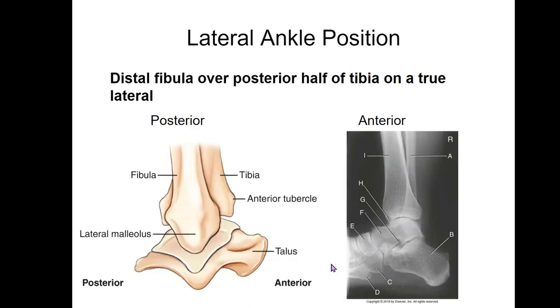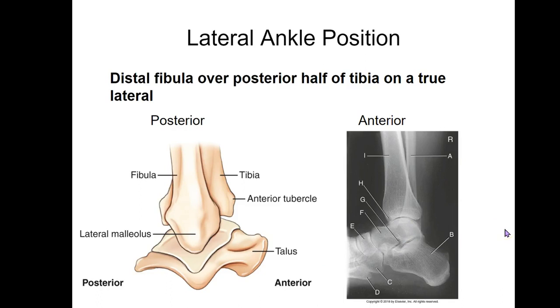Next, let's look at the ankle from the lateral position a little bit closer. Here you can see the ankle in a true lateral. And again, it demonstrates that the distal fibula is about 1 centimeter posterior to the distal tibia. And this relationship becomes really important when we're evaluating whether or not our ankle x-ray is a true lateral.